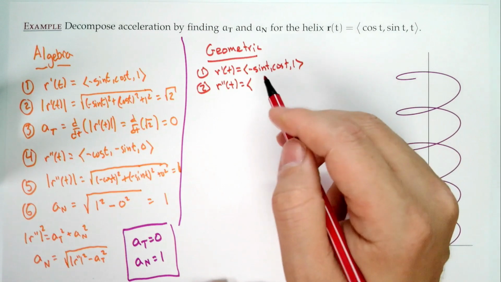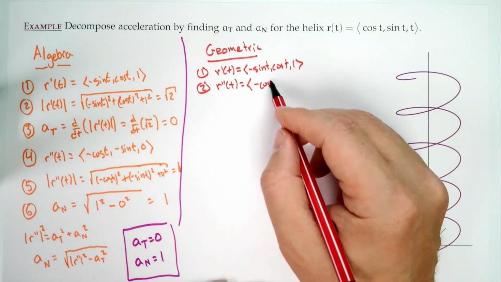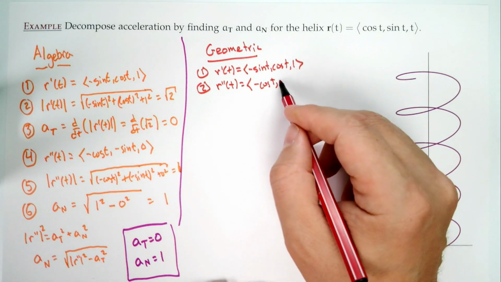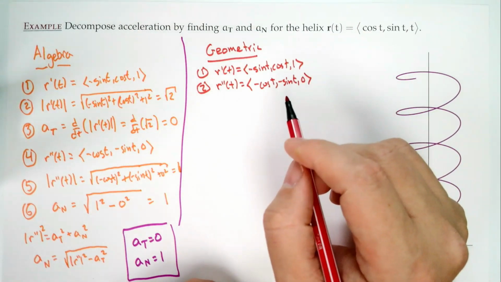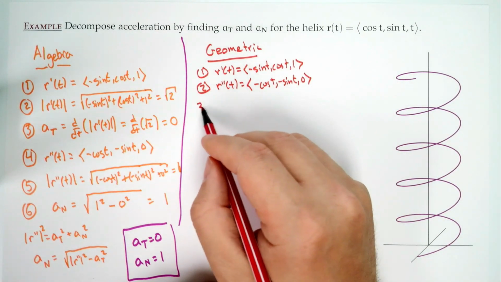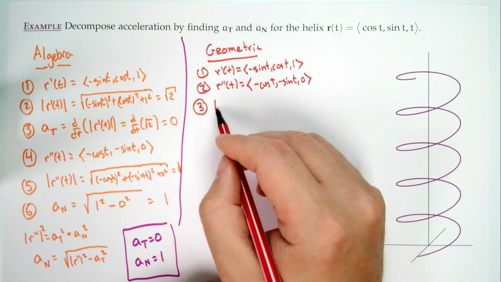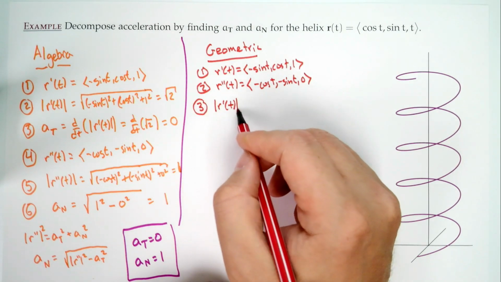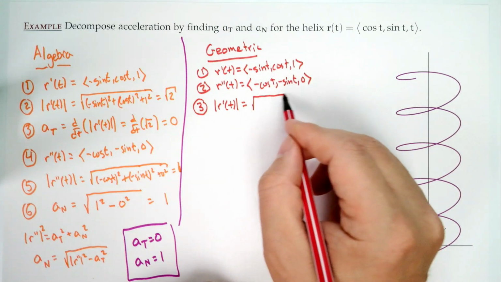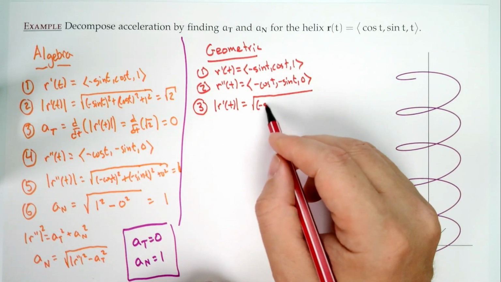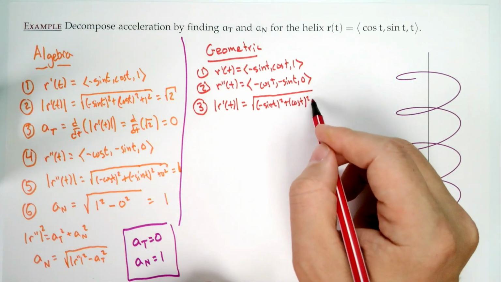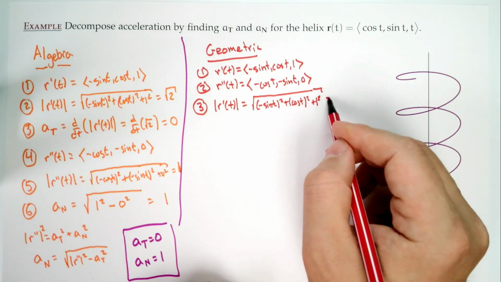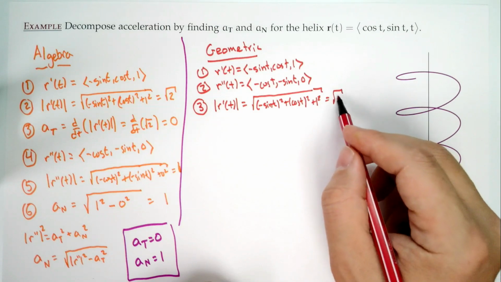Might as well, while you're doing your derivatives, take all your derivatives: negative cosine t, negative sine t, 0. And now the next thing you really should compute is the magnitude of r prime. It's going to show up. So it's the same as before. Negative sine t squared plus cosine t squared plus 1 squared, which is the square root of 2.